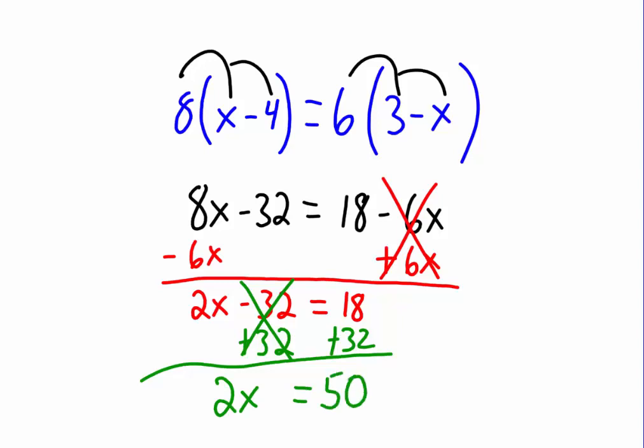And then the very last step is, since it's 2 times x equals 50, then we have to divide by 2 and divide by 2. And so x equals 25. Oh, just a little note here. If this happened to have been a negative 2 over here in front of the x, make sure that you divide by a negative 2, because that's a negative 2 times x. So make sure you divide by negative 2.